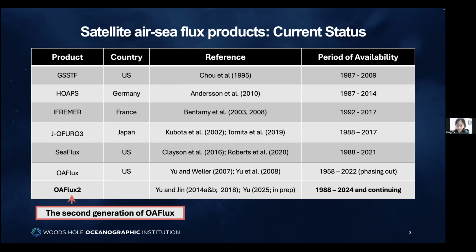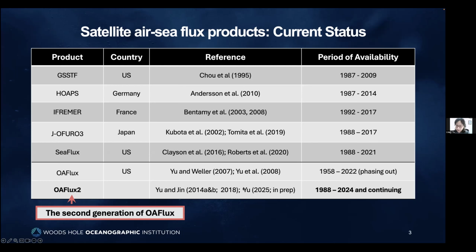On the bottom lines are OAFlux version 1 versus version 2. These flux products are done by independent groups across the world, but some of the products in recent years are no longer updating. You can see the ending years for each product.